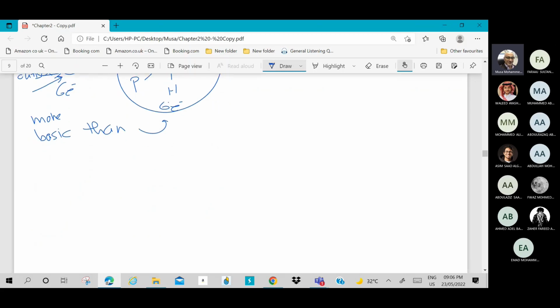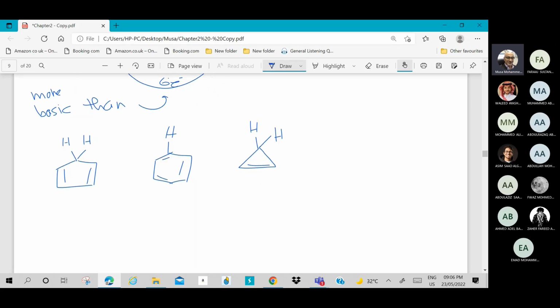And if we compare now the pKa for this system, so here we have hydrogens, and here we have a benzene ring, and we have hydrogen here, and here we have a 3-membered ring, and we have also hydrogen. Then if I ask you which one is the most acidic hydrogen, the one that can be easily removed.